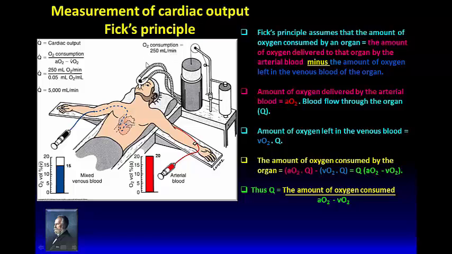But this subject might not be normal. And if he's not normal, then his resting oxygen consumption might not be 250 milliliters of oxygen in 1 minute, and his oxygen content of the arterial blood might not be 20, and his oxygen content in the venous blood might not be 15 milliliters of oxygen in each 100 milliliters of blood.